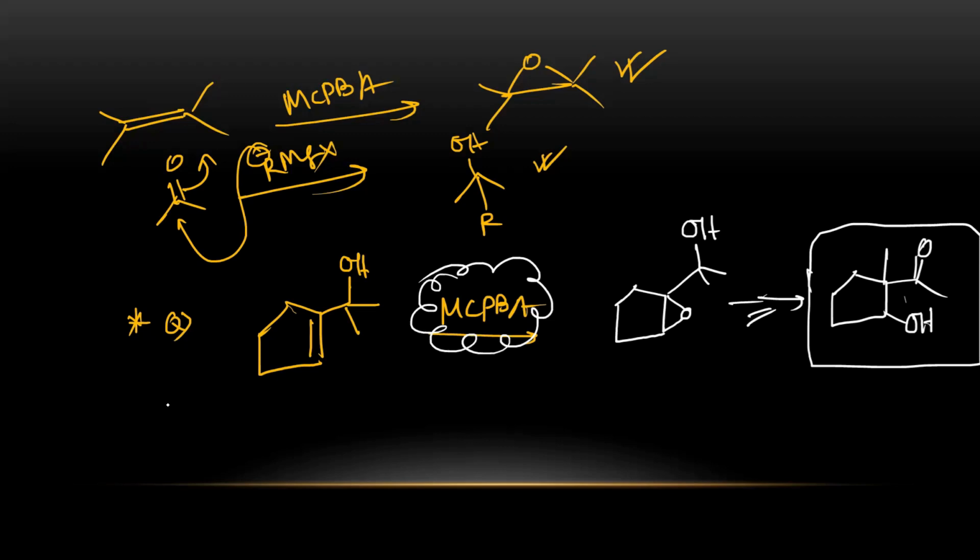Now another question. 5-member ring, epoxide, for example, double bond O. RMgX, for example, CH3MgX. Second, H plus. Now what will happen? Try yourself.